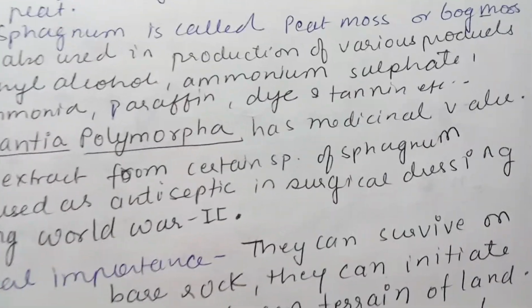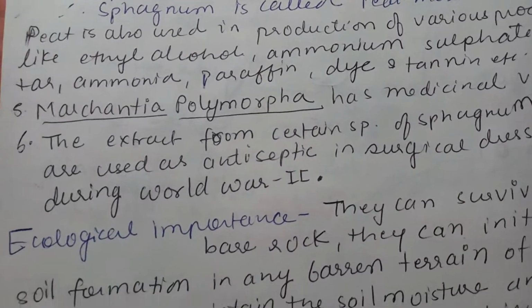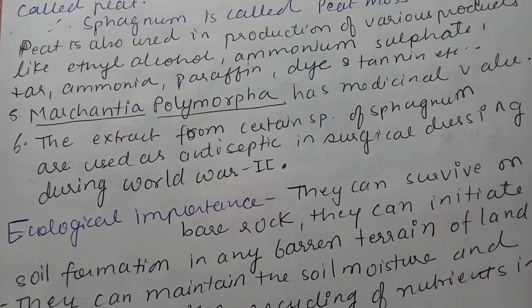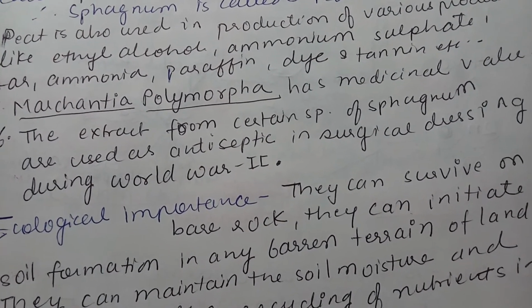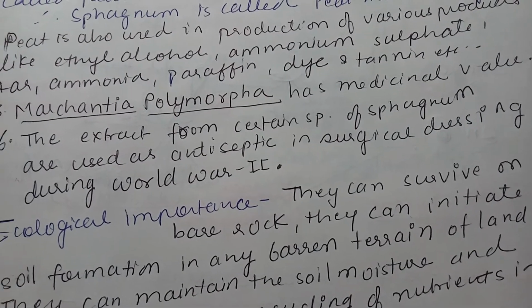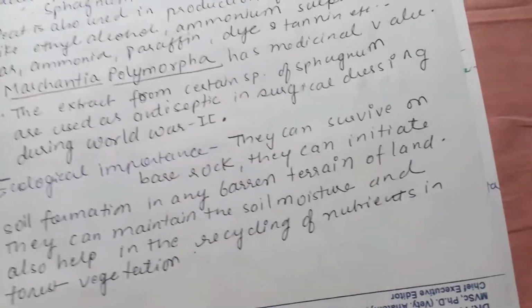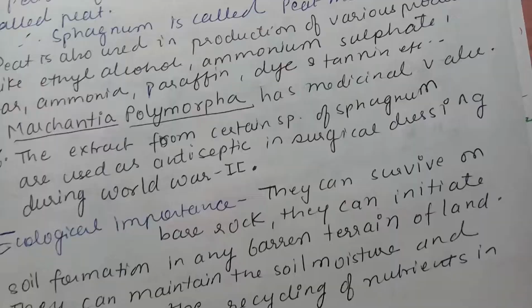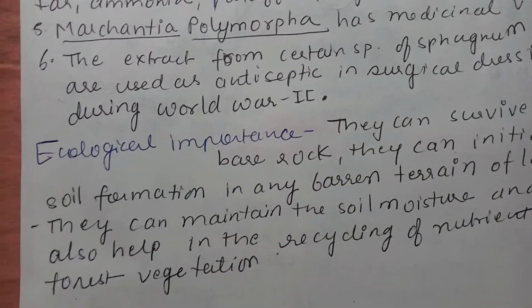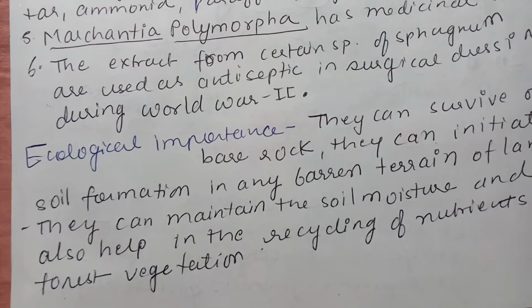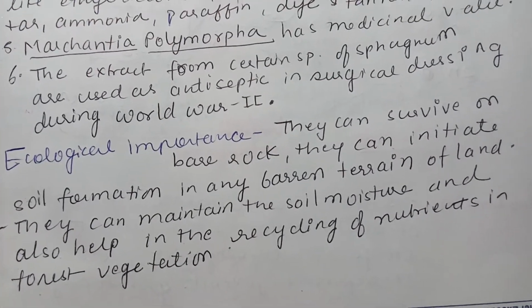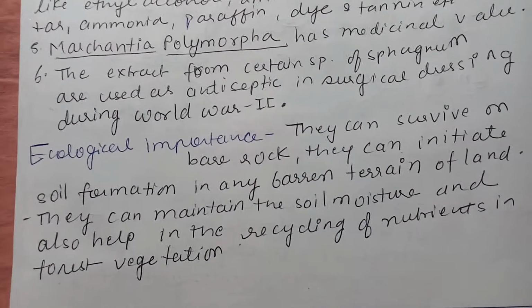Marchantia polymorpha has medicinal value. The extract from certain species of sphagnum was used as an antiseptic in surgical dressing during World War II. So they were already used, and today also we are using them. There is ecological importance of moss also. They can survive on bare rocks.